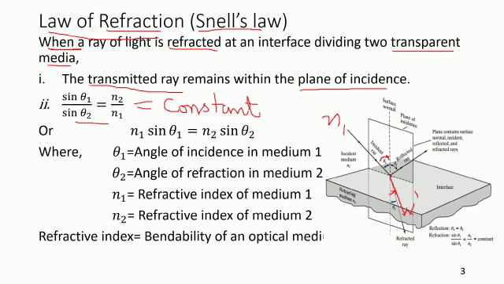From observation and some calculation, we come across this result: if you take the sine of this angle and the sine of the angle of refraction in the second medium and take the ratio, this ratio is always constant.